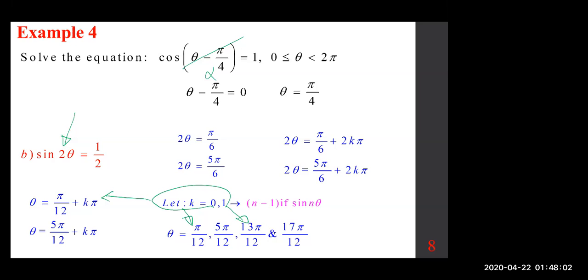If I use 2, it goes beyond 2 pi. Do you see that, everybody? I hope you see why we do not use n, the coefficient of theta. We use everything less than that, starting from 0 all the way.